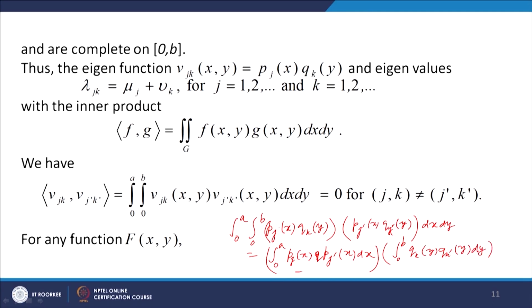So they are zeros, 0 into 0, whenever j is not equal to j dash, k is not equal to k dash.